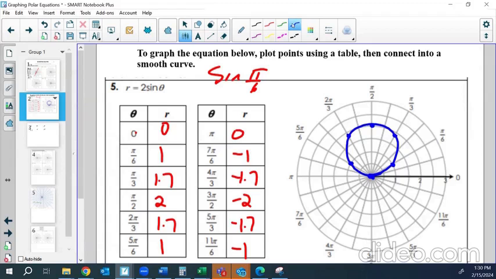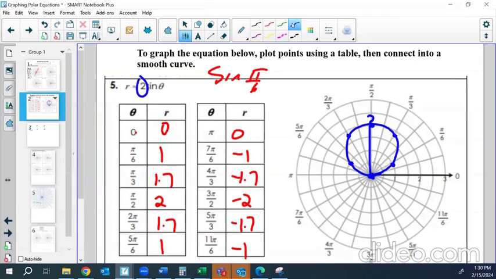Whenever you see r equals a sine theta, it is a circle. The diameter of this circle is 2, right? Which is the same as the coefficient right there. A is positive. That's why it's above the polar axis.